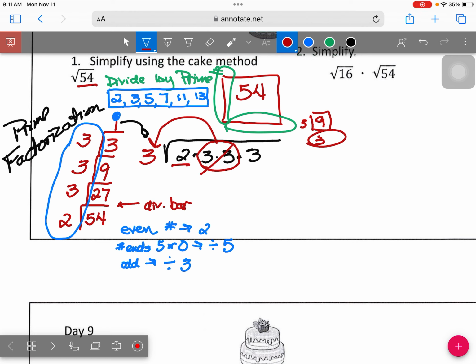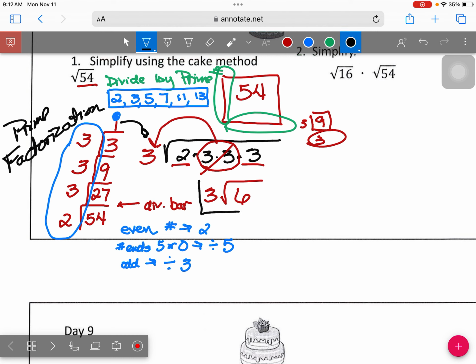Now, this 2 and this 3 do not have a double partner, so I have to leave those as they are. And so my final answer is the 3 that's out front times the square root of 2 times 3 underneath the radical, which is 6.